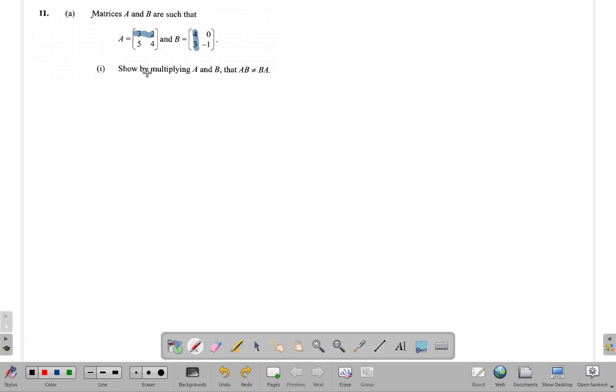So it's going to be row 1 by column 1, then row 2 by column 2. Alright, so we see how that will go. Let me rewrite those matrices and do the multiplication.